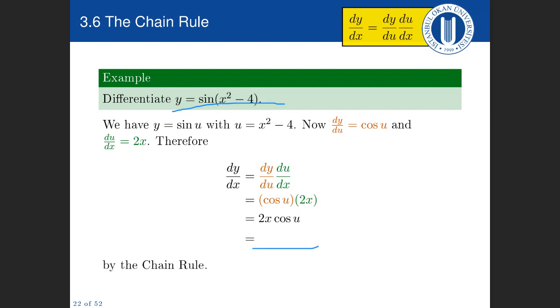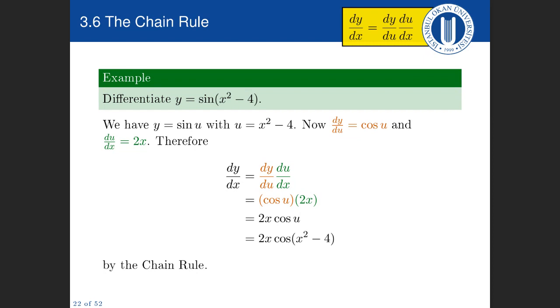So in our final answer, we shouldn't have any u, we should just have x. But that's okay, because we know that u is x squared minus 4. So we'll just put this in place of u. The answer is dy dx is equal to 2x cos of x squared minus 4.